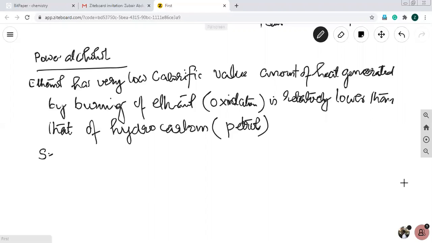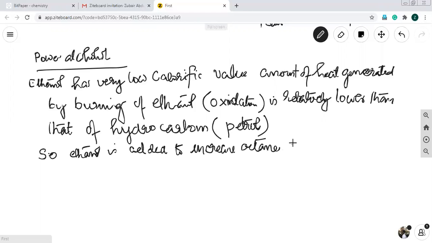So ethanol is added to increase octane number, to improve the efficiency of the petrol. Is it clear? Now let's look at the next, acidity of alcohols.